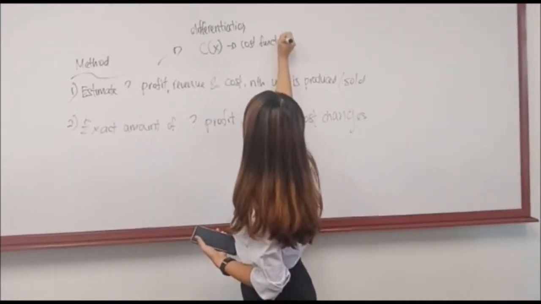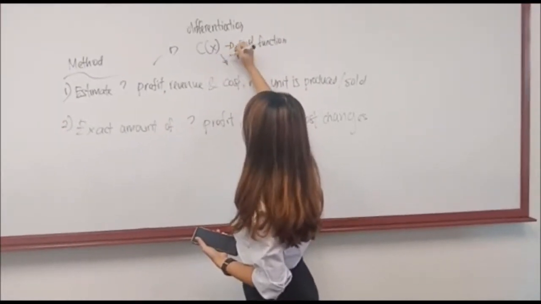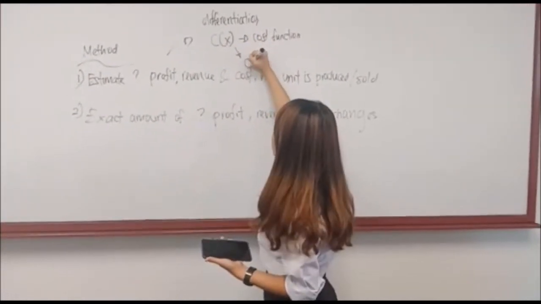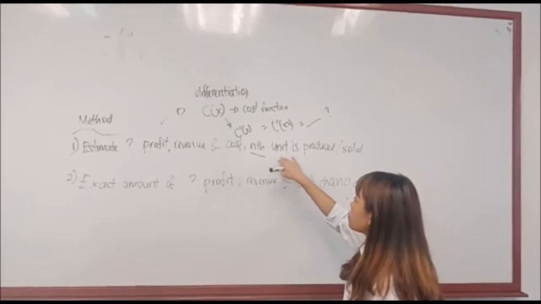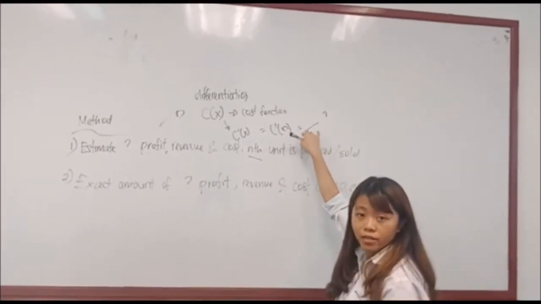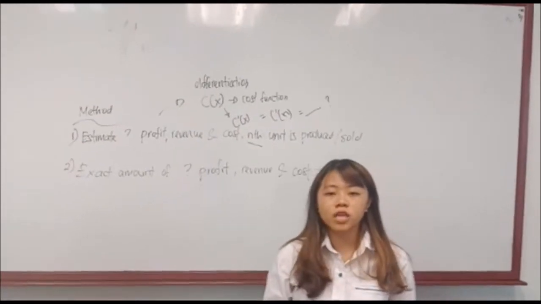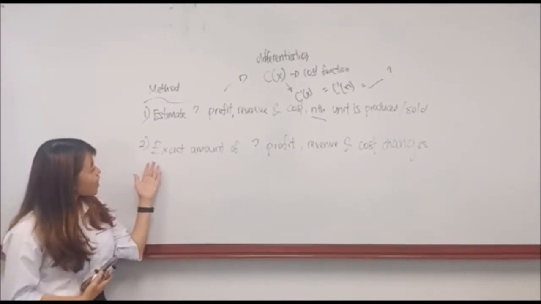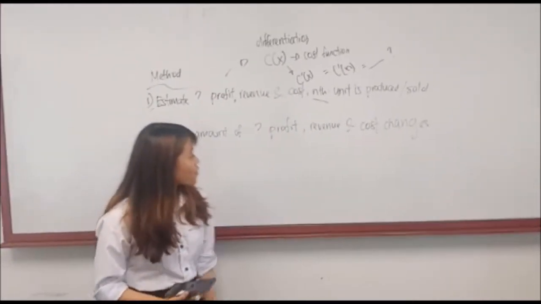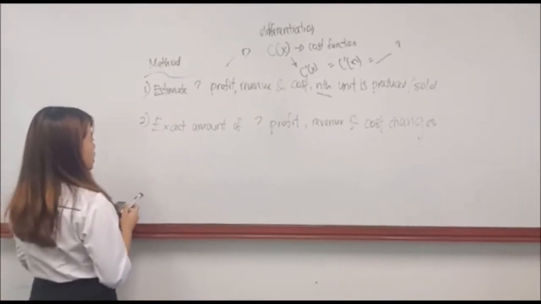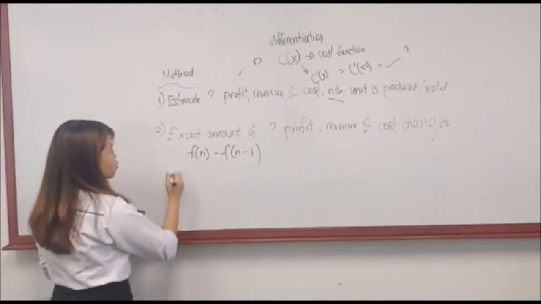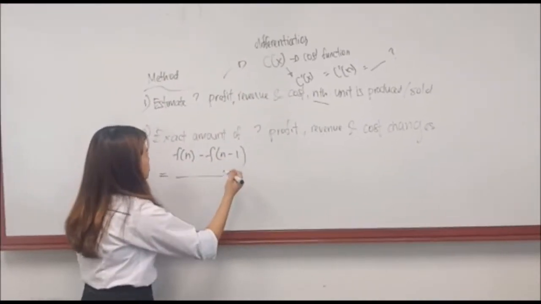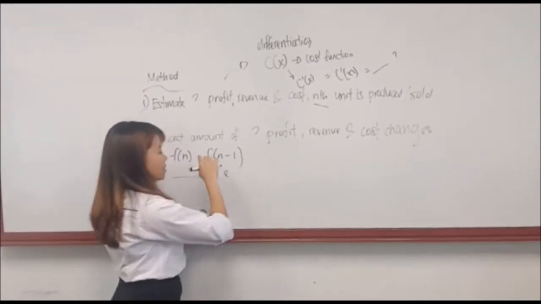To find the marginal analysis, we use differentiation and it becomes C prime of n, which is the cost when the nth unit is produced. So we will know the cost of the nth unit. To find the exact amount of how much profit, revenue, and cost change, we use F(n) minus F(n minus 1).